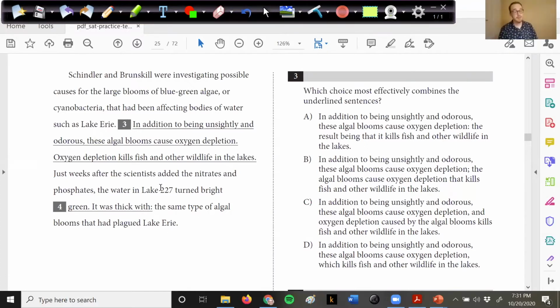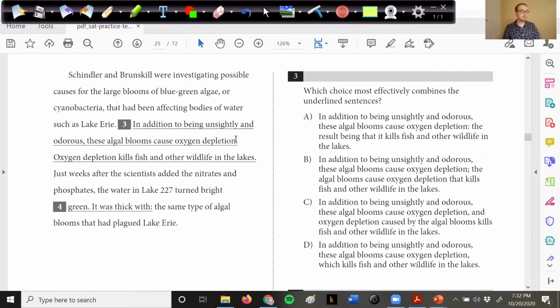Again, if you can't pronounce it, you don't have to pronounce it. Blue-green algae, or cyanobacteria, that had been affecting bodies of water, such as Lake Erie. In addition to being unsightly and odorous, these algal blooms cause oxygen depletion, period. Oxygen depletion kills fish and other wildlife in the lakes.